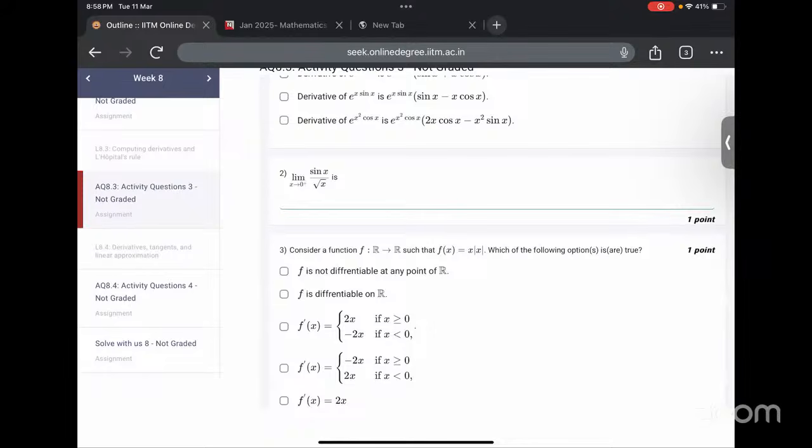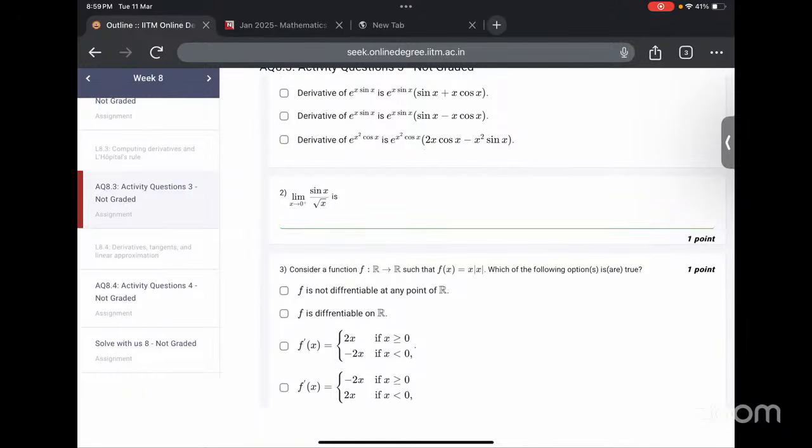What about the second one? What do you think intuitively? What will be the value of the second one? Sin x by root over x. What should be the value of this?